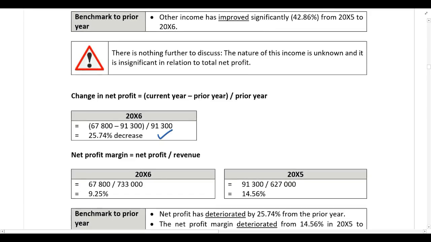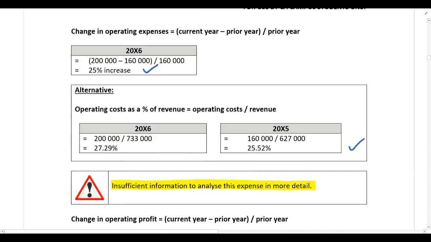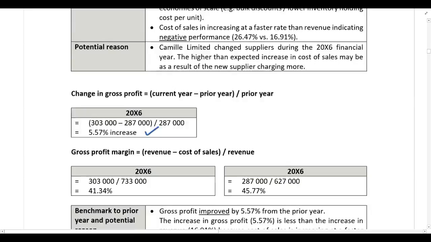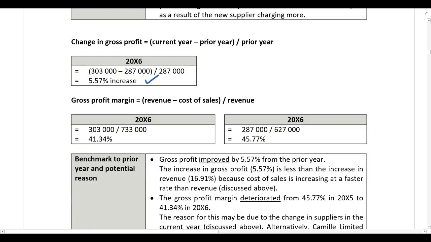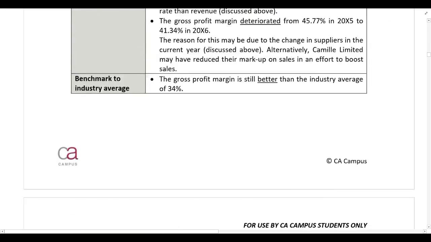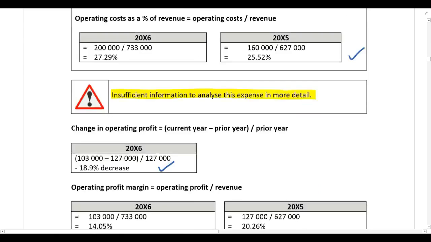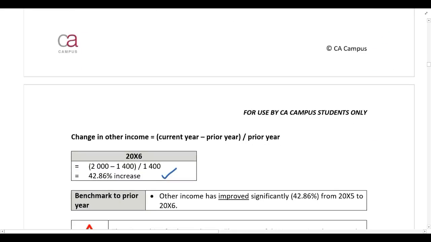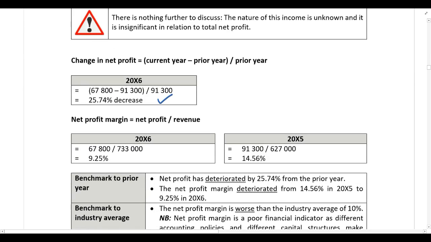So let's just mark off those calculations quickly. Okay, so there's our gross profit margin. There's the operating profit margin. And there's the net profit margin.